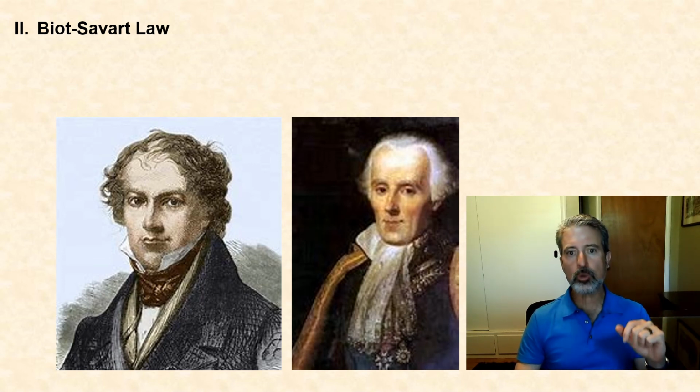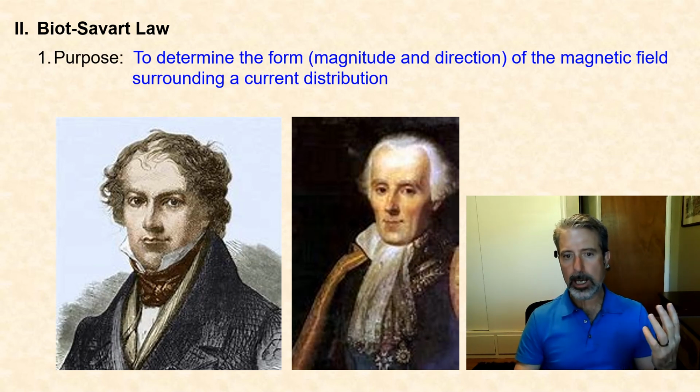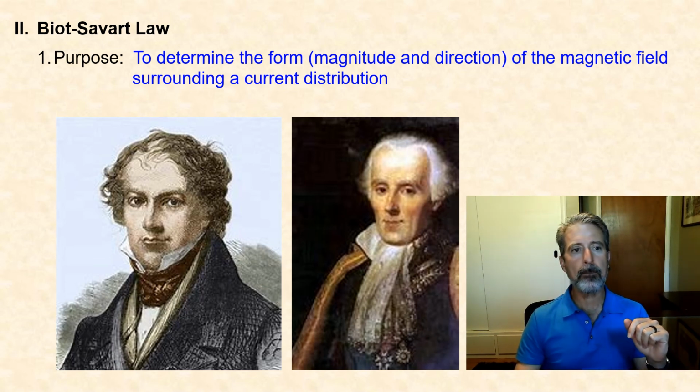This expression is what we call the Biot-Savart Law. Like I said, the purpose of this law is to determine the form, that is both the magnitude and the direction, of the magnetic field surrounding a current distribution. Very often this electric current is confined to a wire, but it doesn't have to be. We can talk about a collection of moving electric charges that are freely moving in space as well.